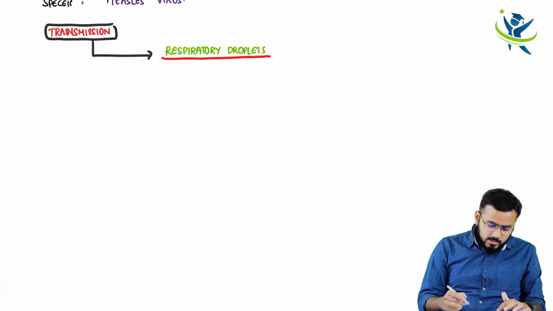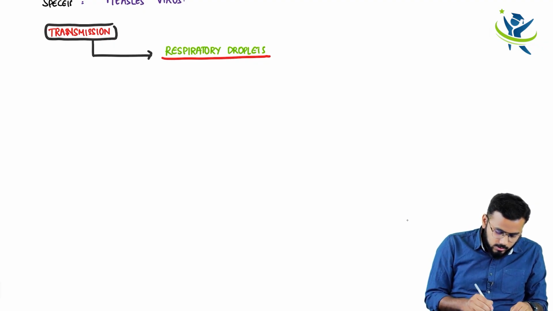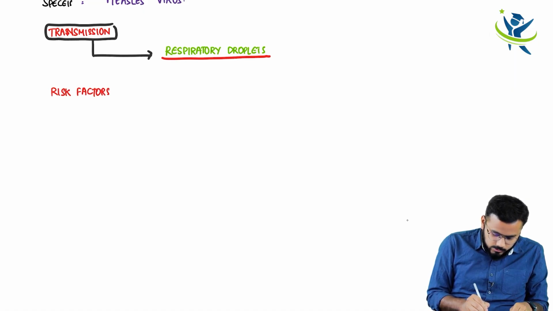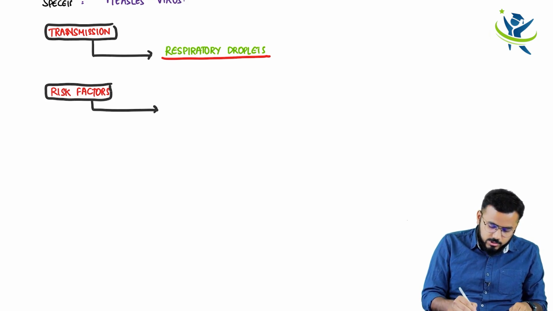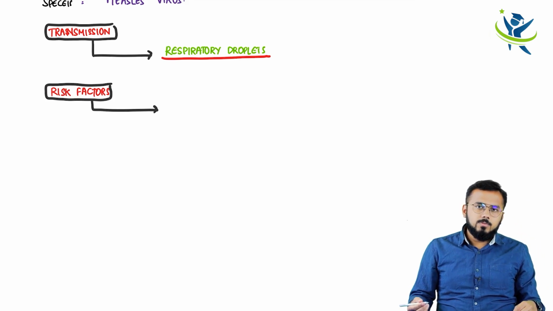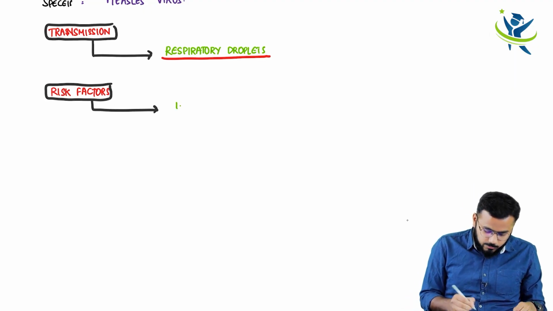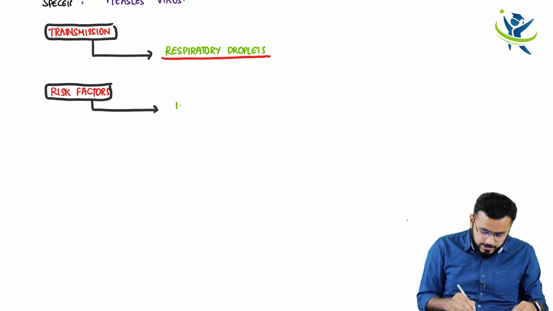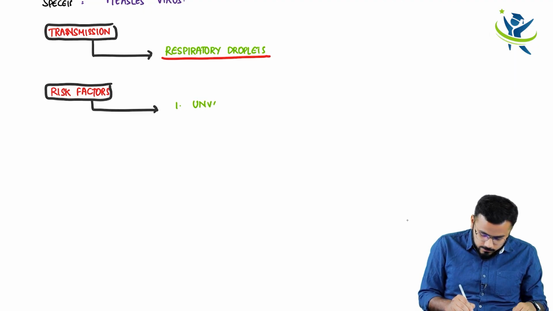So if I just jot down the points on the risk factors, what are the risk factors which you can see in this patient? The first important risk factor is unvaccinated individuals.